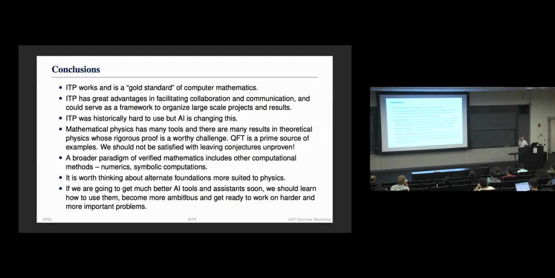And of course, there's many, many examples like that we could talk about in AI. And I think the lesson is that we should all really become much more ambitious because we're going to get these much better tools. We should be preparing to work on harder problems that we will be able to grapple with. So I'll stop there.